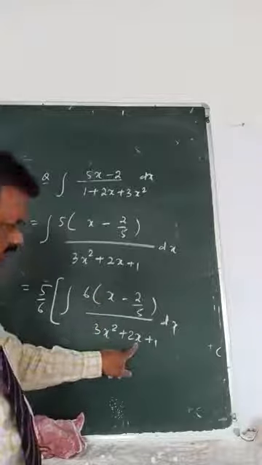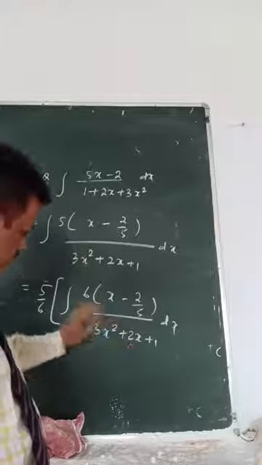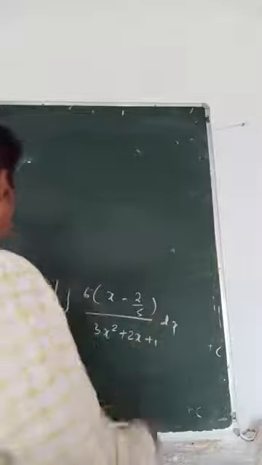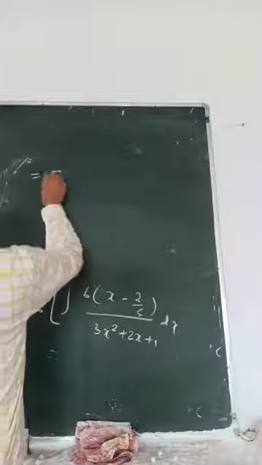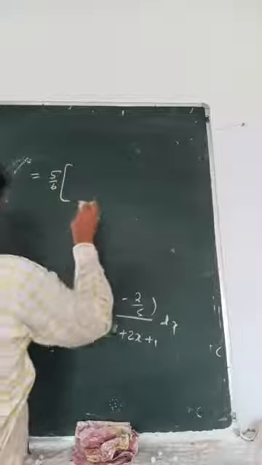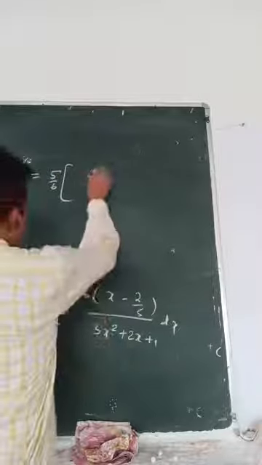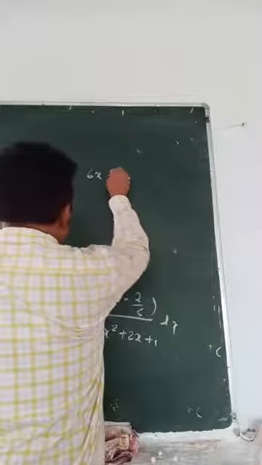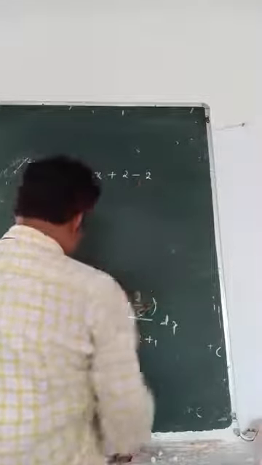Now what do you need? The derivative is 2. This 2 is required. So can I write 5 by 6, this is 6x, then plus 2 minus 2. Plus 2 minus 2, then this 12 by 5 is also there.